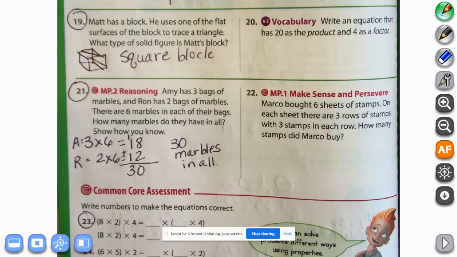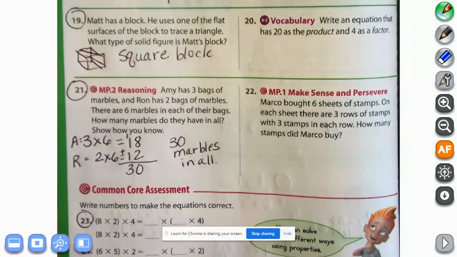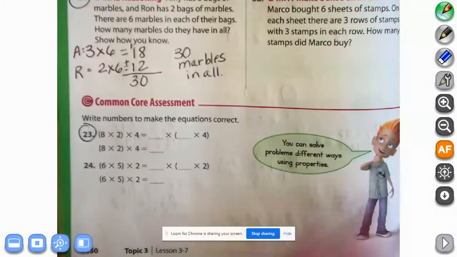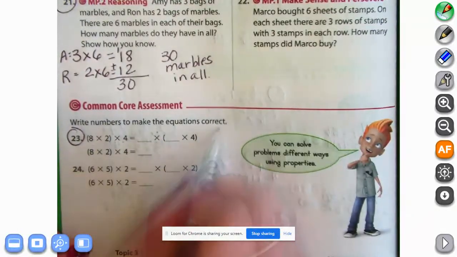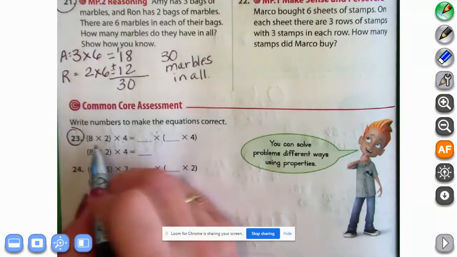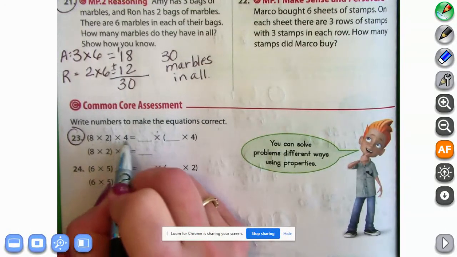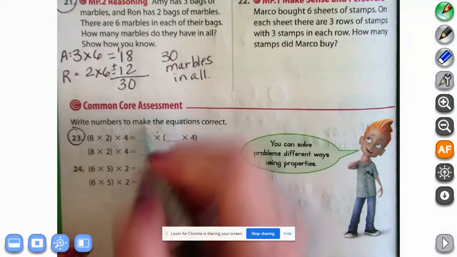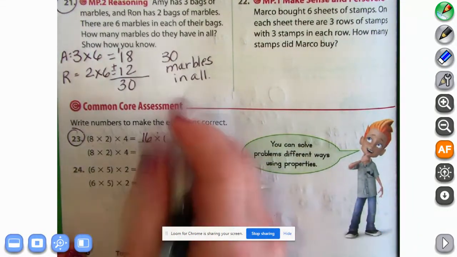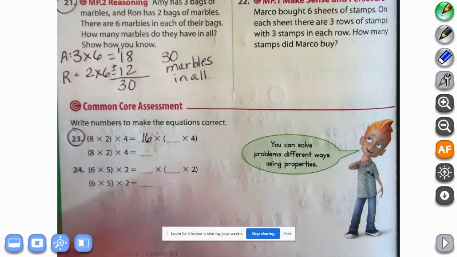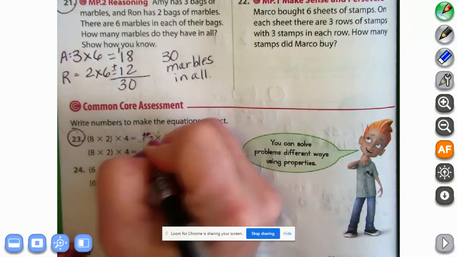Go ahead and push pause if you need to. All right, number 23. Write numbers to make the equations correct. 8 times 2 times 6. 8 times 2 would be 16. Oh, I'm so sorry. I made that wrong. Cross this out.